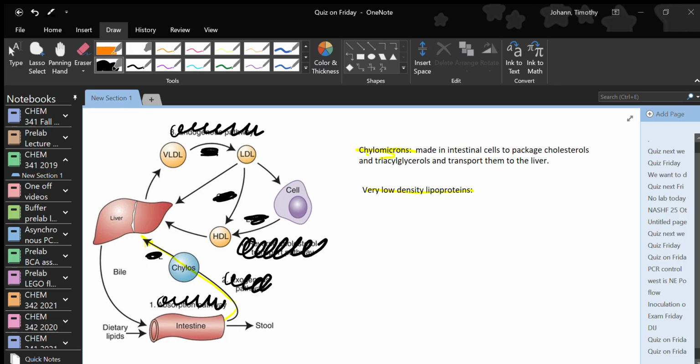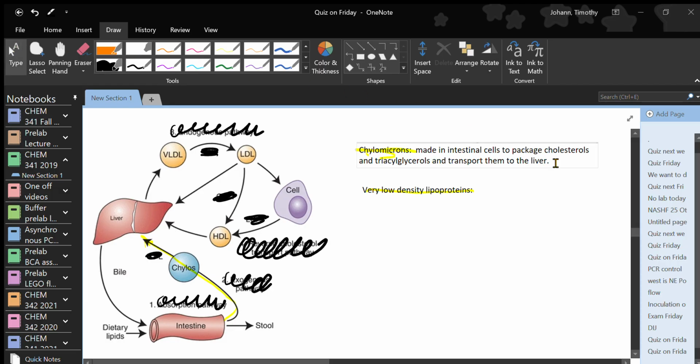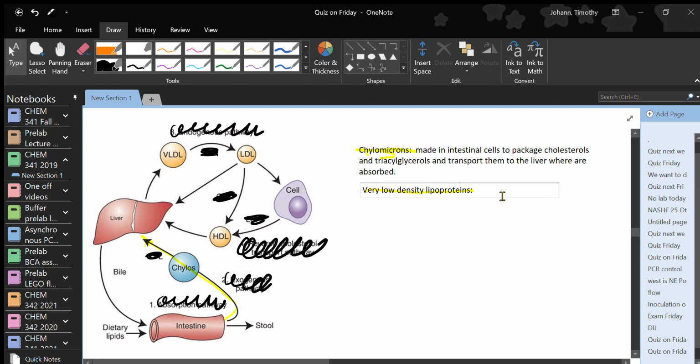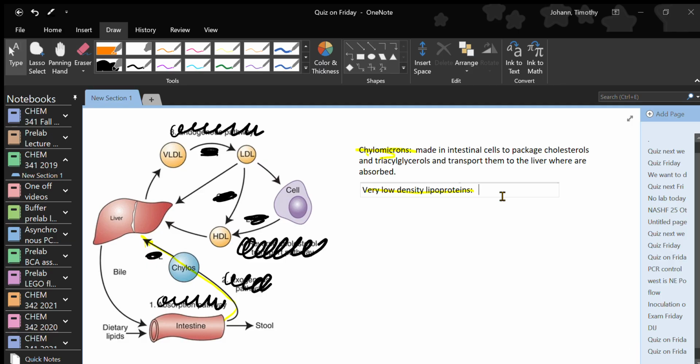All right. So the liver will then make, let me take some to the liver. Let me add where they are absorbed. The liver's going to repackage those triacylglycerols and the cholesterol as very low density lipoproteins.